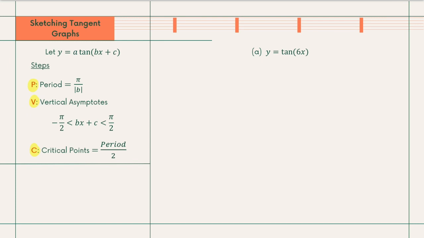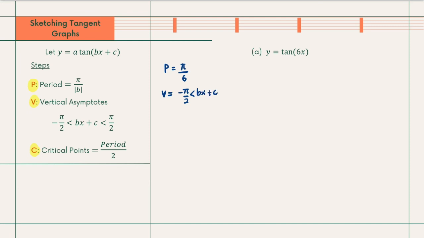So first kita cari dahulu dia punya period. So P equals to pi over modulus of B. So modulus of B kita adalah 6. So dia akan jadi pi over 6 lah. And then kita cari dia punya vertical asymptote. So negative pi over 2 less than bx plus c.